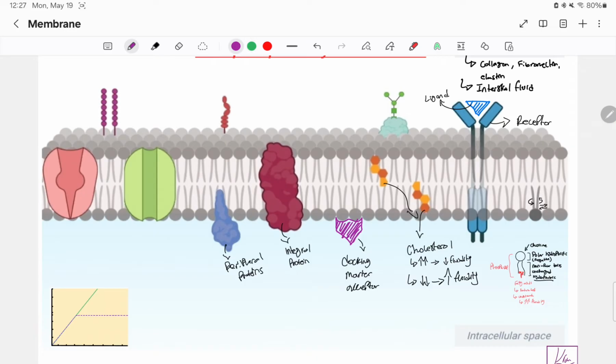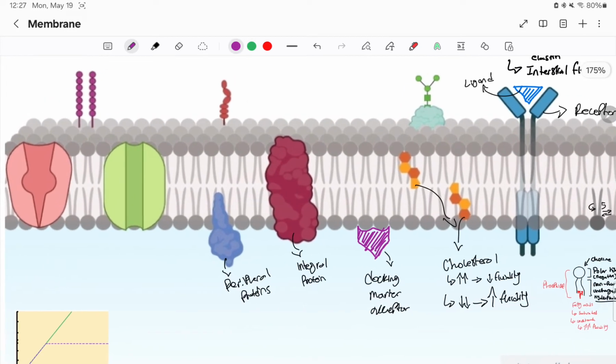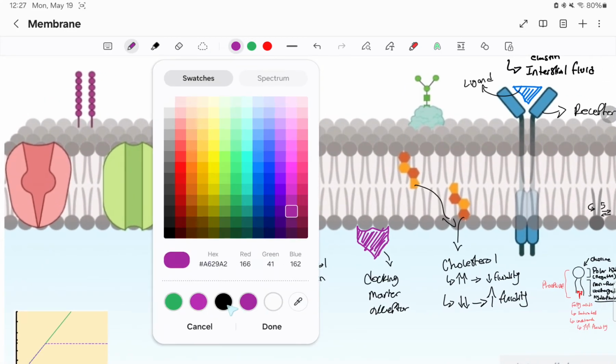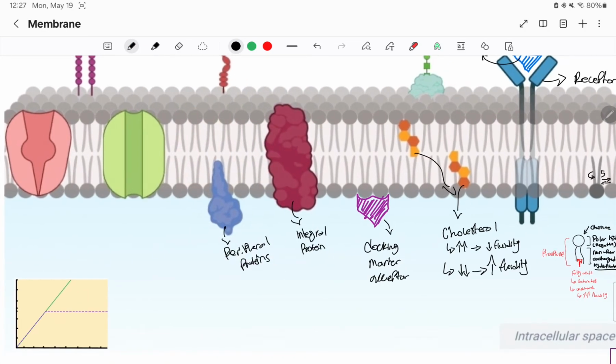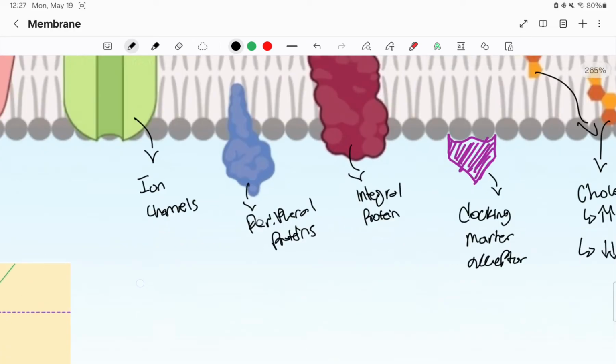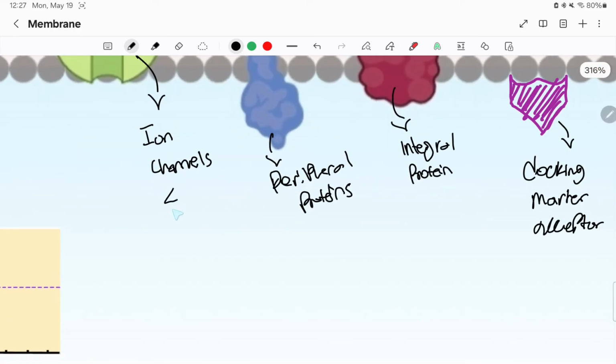Alrighty. Next, we're going to have ion channels, okay? Or channels in general, but I'm just choosing to call it ion channels, and there's a reason for this. Ion channels specifically, or channels in general, are actually very narrow and very small, about less than or equal to 0.8 nanometers.